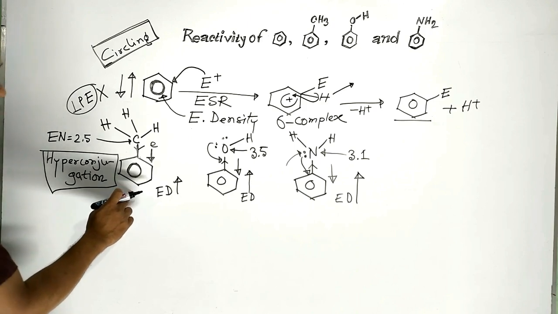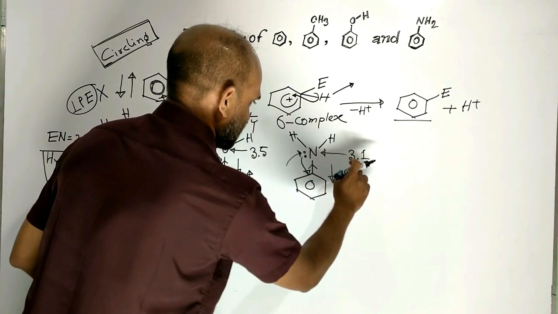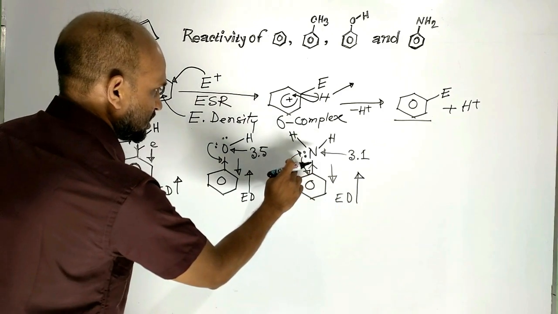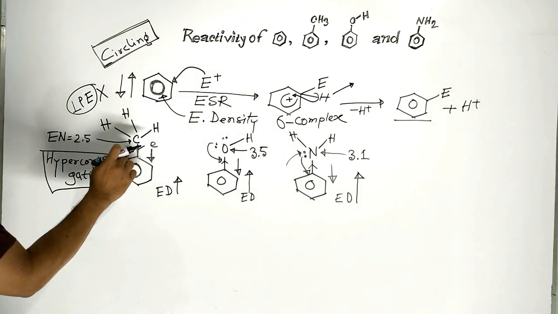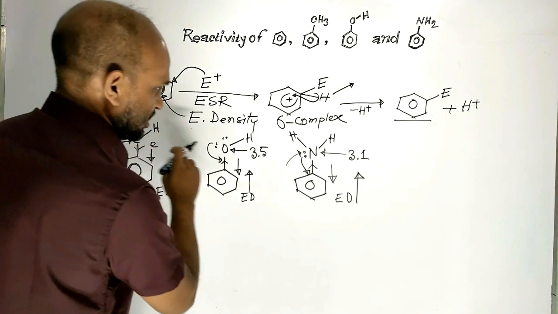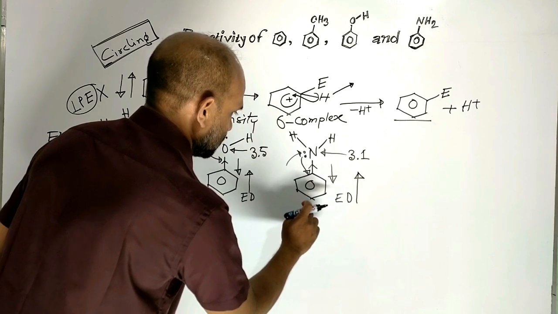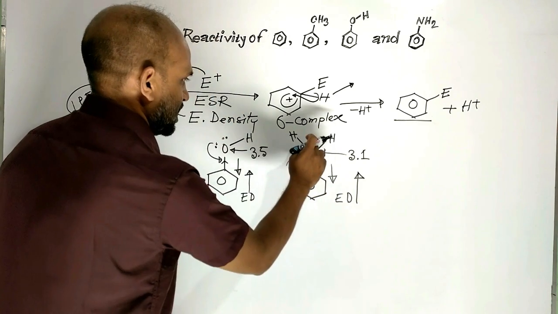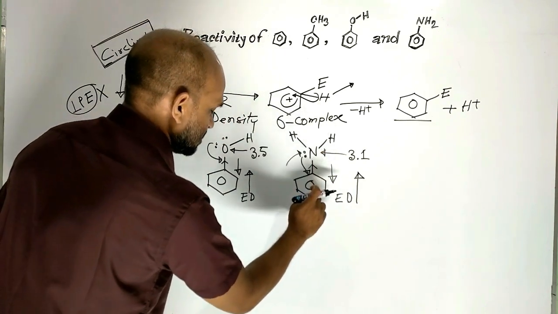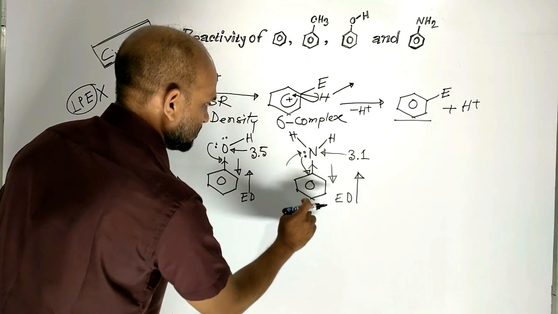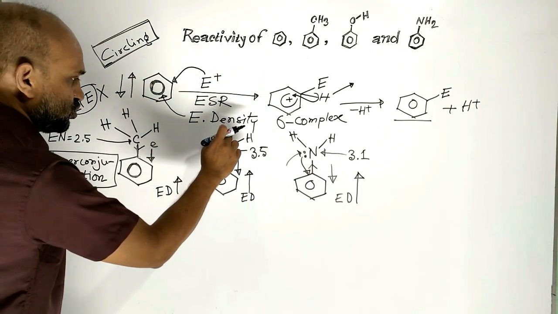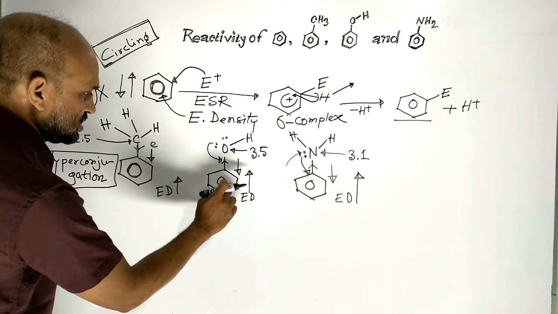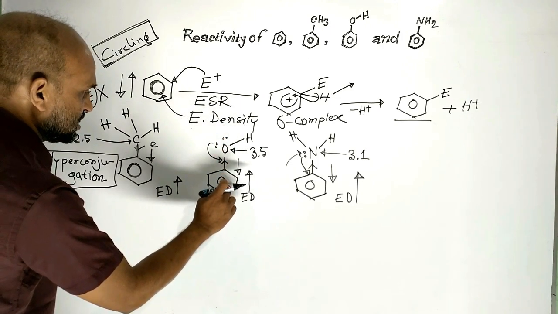That is, considering electronegativity, free pair of electrons, and here no lone pair of electrons. Considering these points, we can say that aniline is more reactive because amino group here increases electron density in the benzene ring maximum, and in case of phenol, hydroxyl group increases electron density in the benzene ring which is medium.